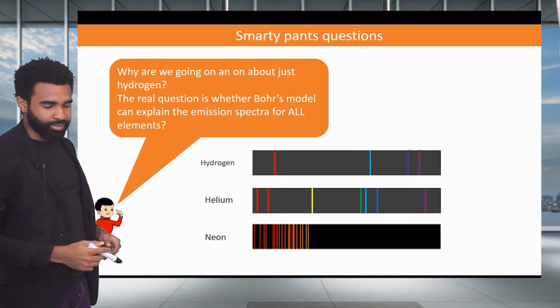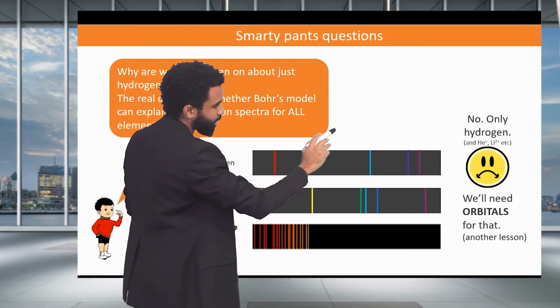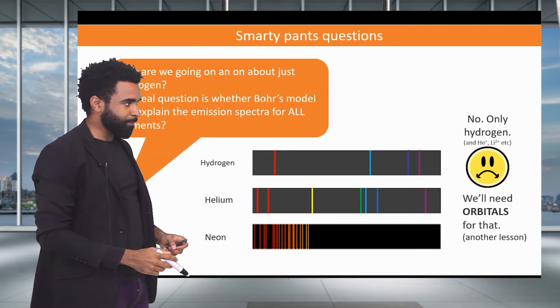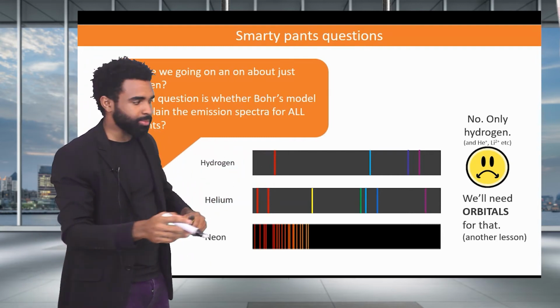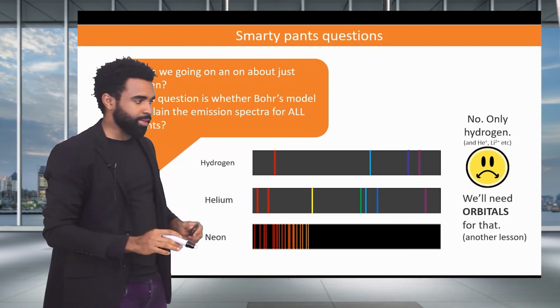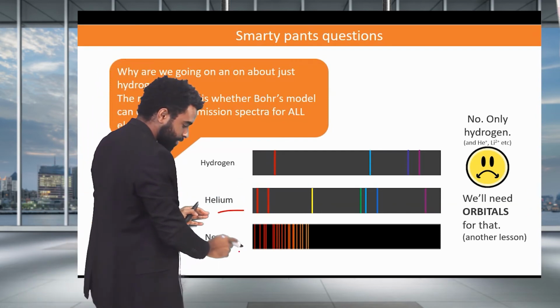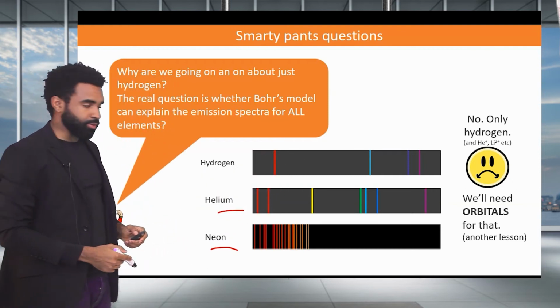Why are we focusing just on hydrogen? Well, the reason is that Bohr's model only explains hydrogen's emission spectra. It also explains spectra for other what we call one electron systems. That's higher level. You don't have to think about that at the moment. To explain these more complicated spectra, we'll need something called orbital theory, which we will discuss in a future video.